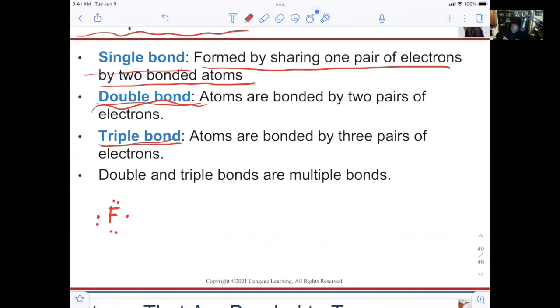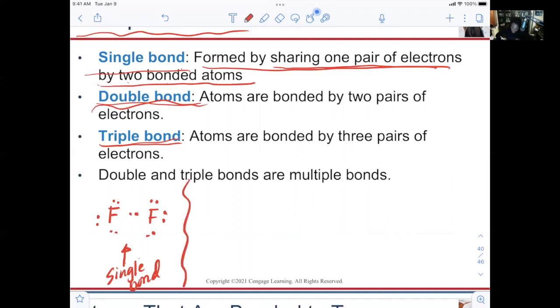Each fluorine then shares the unpaired electron to form the bond. This is considered a single bond, sharing of one pair of electrons by two bonded atoms. This is going to be a single bond, okay? Maybe to be more specific, let me show 2 dots right here.